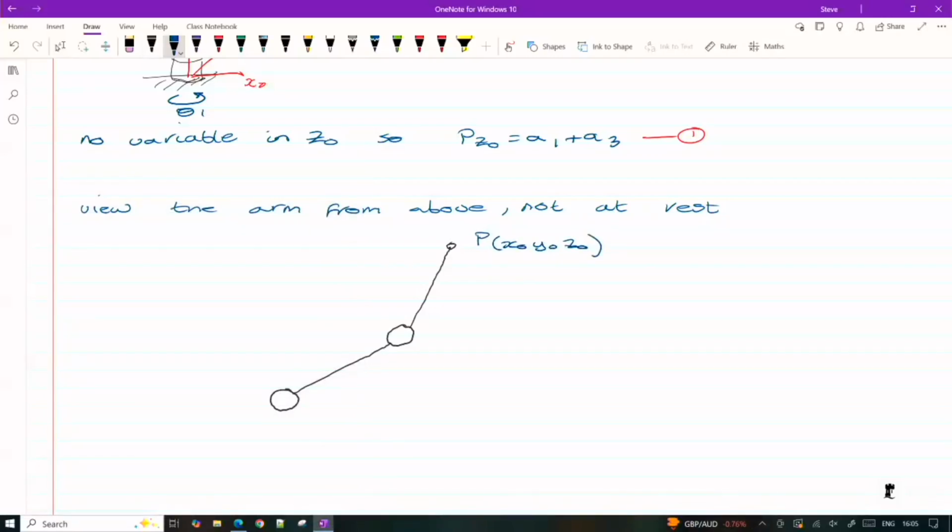That's the purpose of the inverse kinematics. And from there we can draw a right angle triangle. So that's in green.